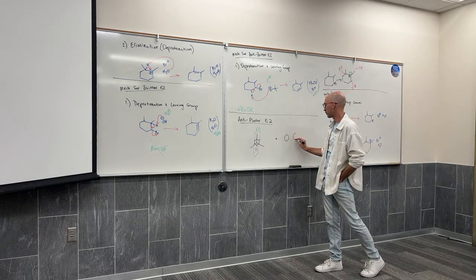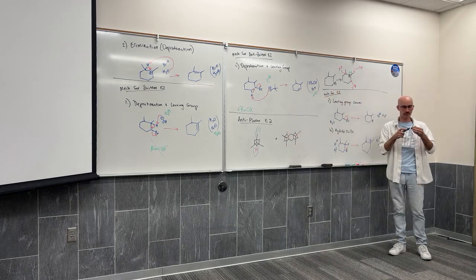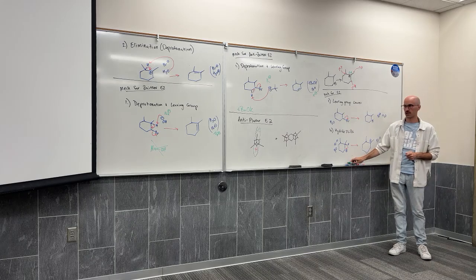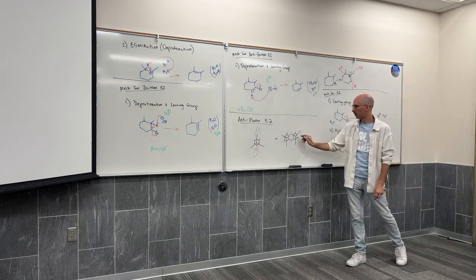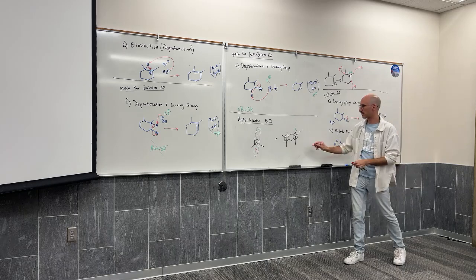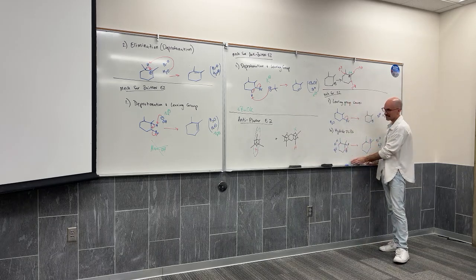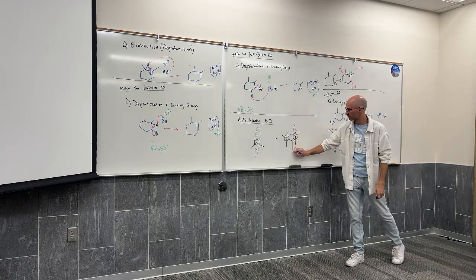And if that's true on just a normal Newman projection, then that has to also be true on a chair conformation Newman projection. The leaving group and the beta hydrogen have to be anti to each other.